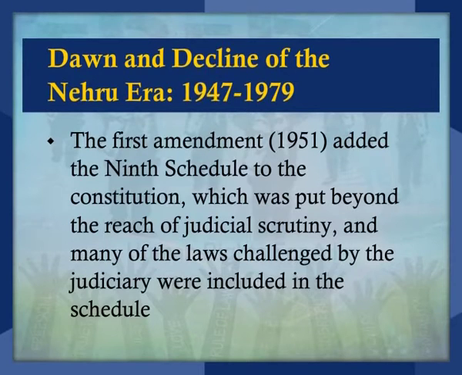The first amendment added the ninth schedule to the Constitution, which was put beyond the reach of judicial scrutiny, and many of the laws challenged by the judiciary were included in the schedule. Today, this schedule contains no less than 280 laws.